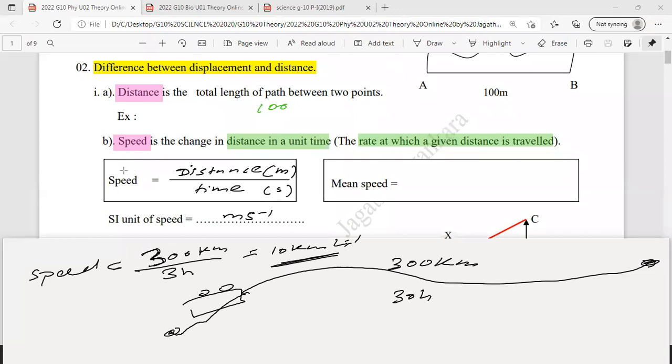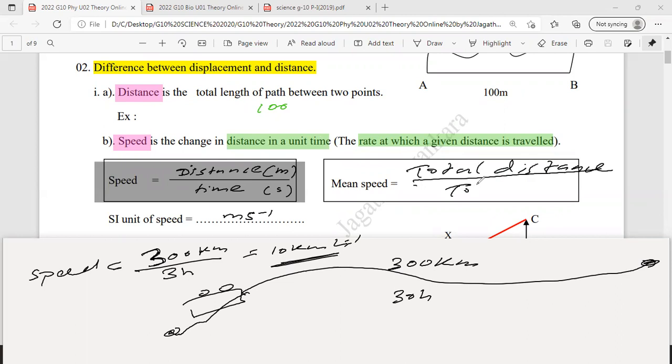Otherwise, we can just use the speed here. Mean speed means total distance traveled divided by total time. That's how you get it.